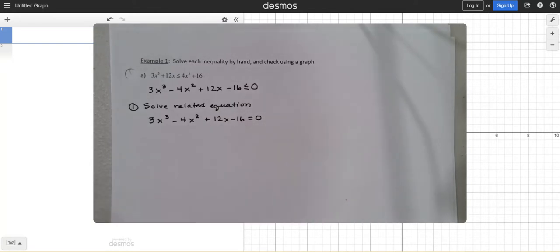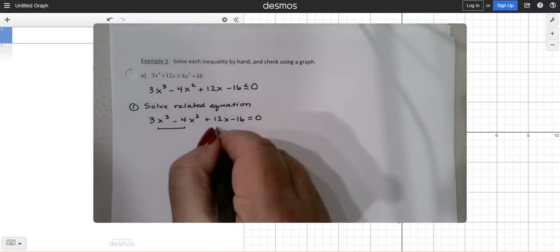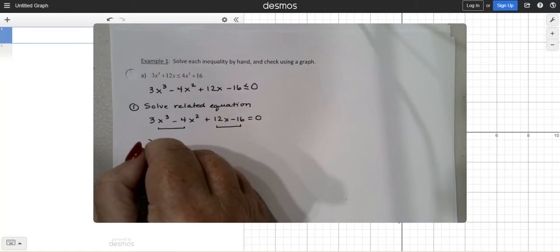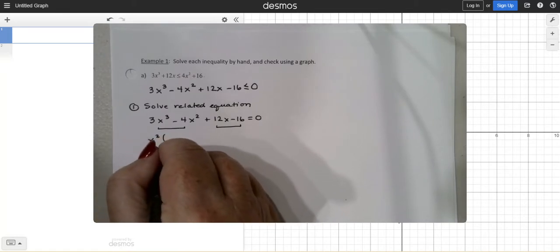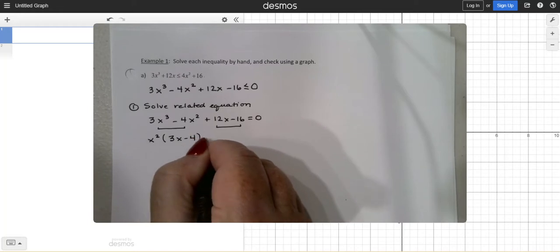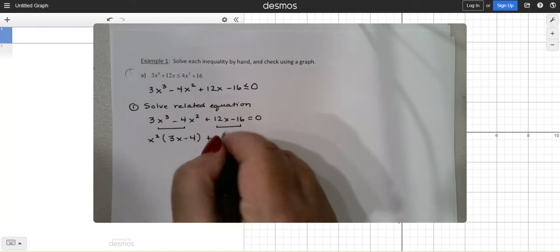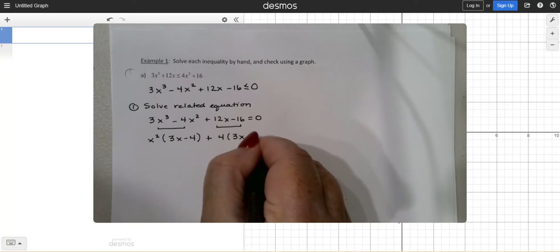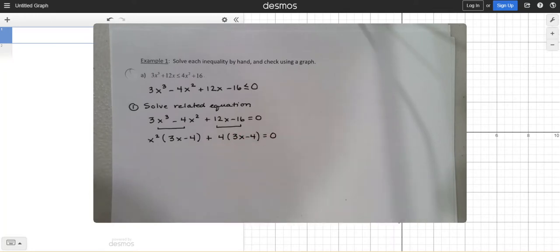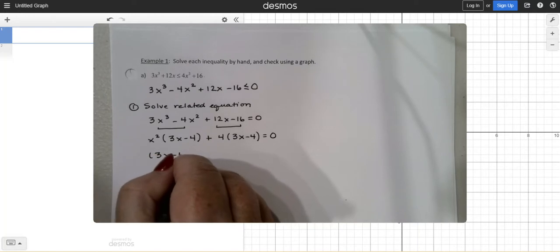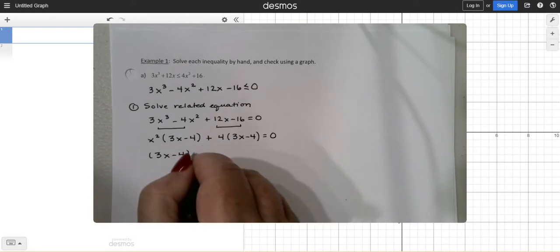Looking at those 4 terms, I'm hoping I can factor this by grouping. And let's see, if I factored out an x squared, would make that 3x minus 4. And here I'm going to factor out a 4, also makes that 3x minus 4. So I have 3x minus 4 is my common binomial, times x squared plus 4.